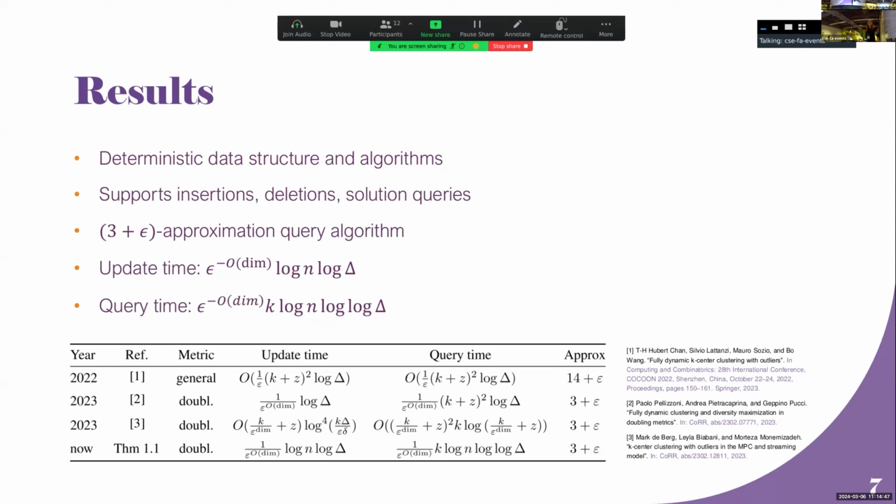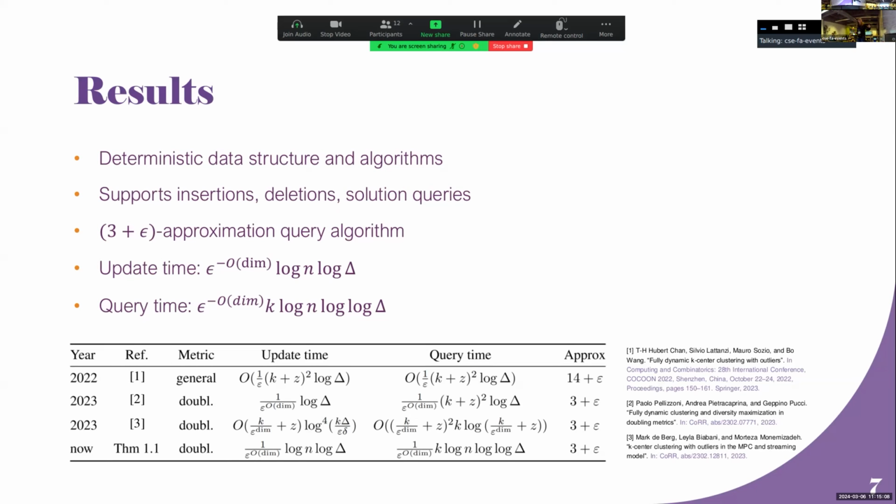The update time is given here as epsilon to the minus O of dim log n log delta, where epsilon is some error parameter that we give, and dim is the doubling dimension, n is the current number of points, and delta is the spread ratio.